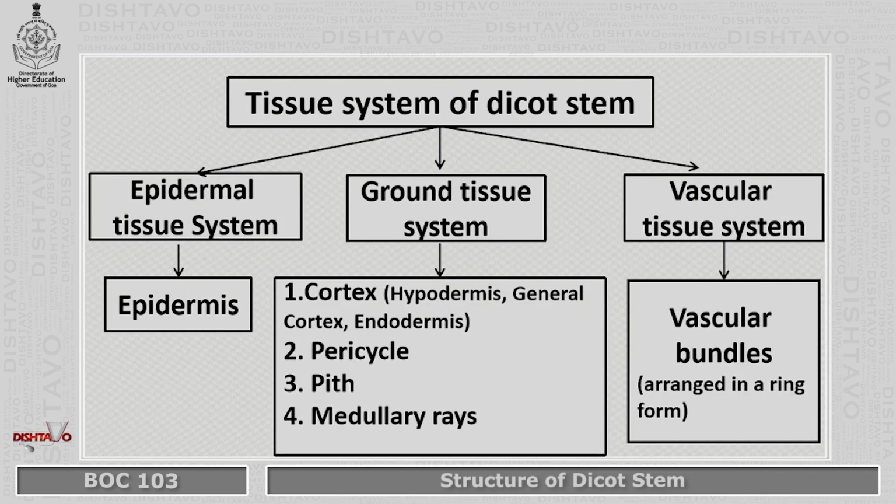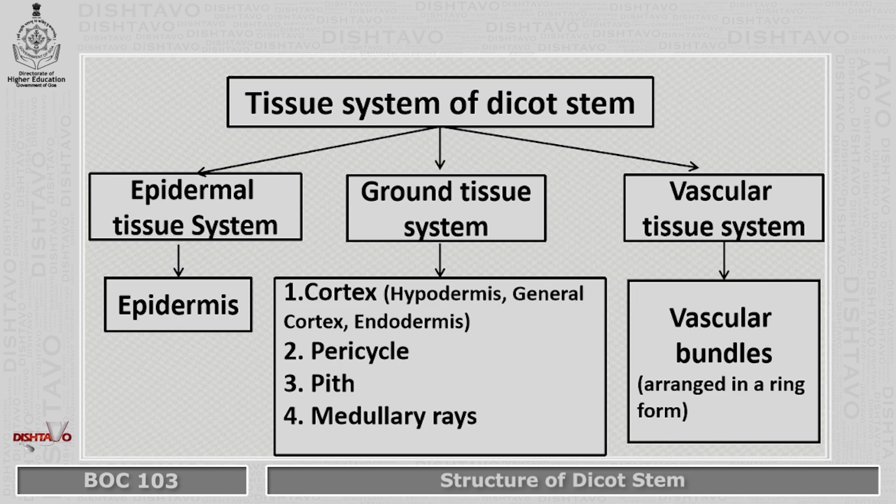Now, when we look at the tissue system of dicot stem, we see that it consists of three different types of tissue system. First one, epidermal tissue system, second, ground tissue system, and third, vascular tissue system. Epidermal tissue system consists of epidermis. Ground tissue system consists of cortex, pericycle, pith, and medullary rays.